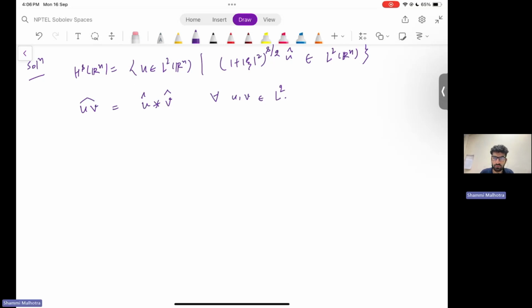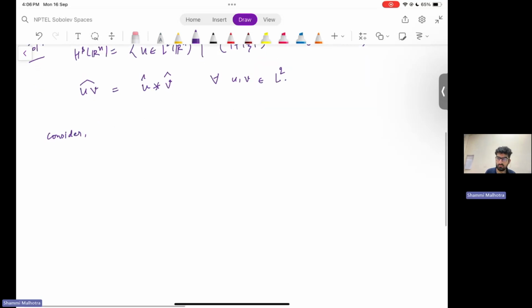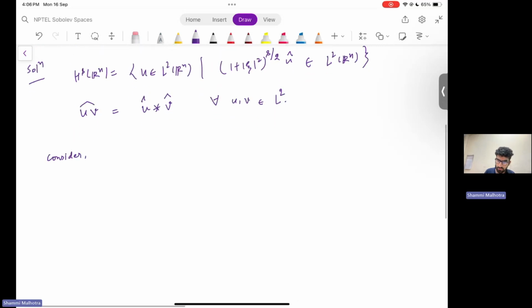So one more thing which we would like to use is this: we have (1 plus mod xi square) whole raised to the power of s by 2. Since we have a convolution, we have to somehow deal with this thing in a way that helps our convolution purposes.